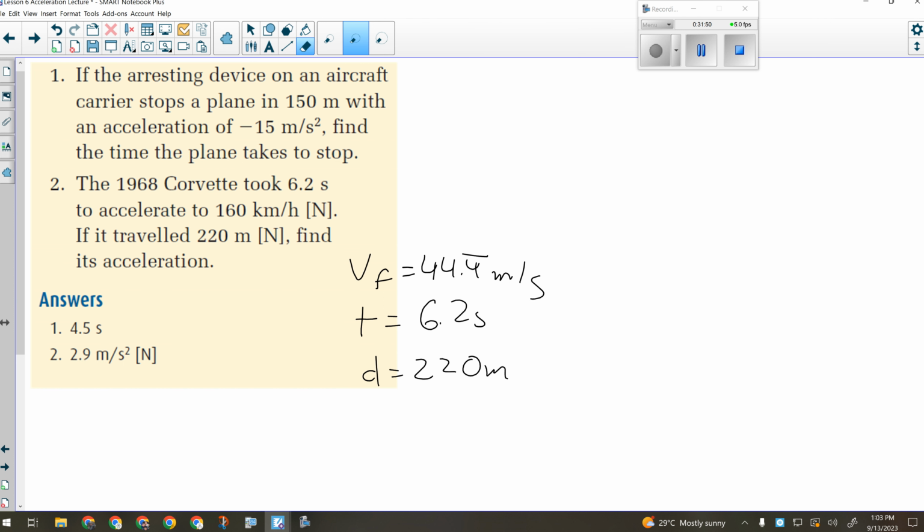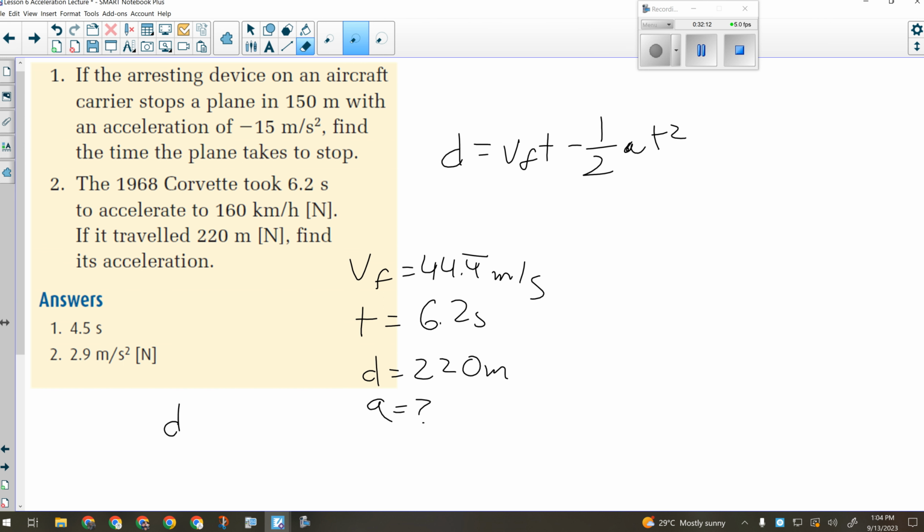During that time, find its acceleration. This one is also going to require us to do a bit of manipulating. So we'll have d equals vf times t minus 1/2 at squared. I'm looking for a, so the first thing I want to do is bring the vft over to this side.